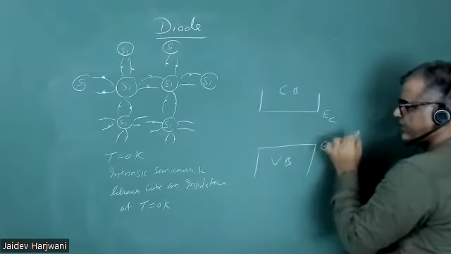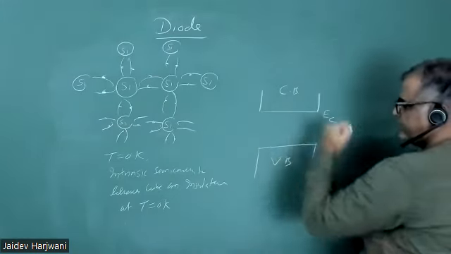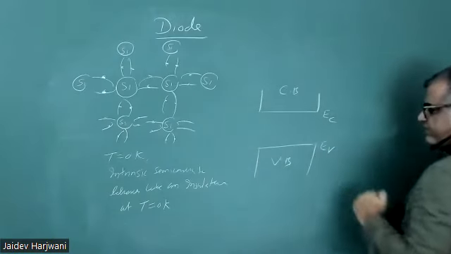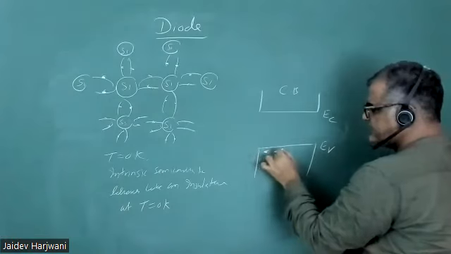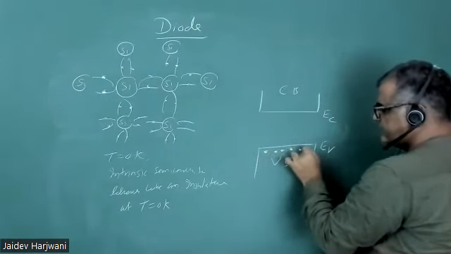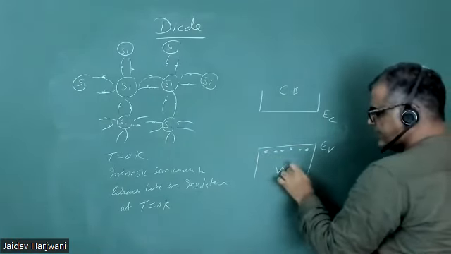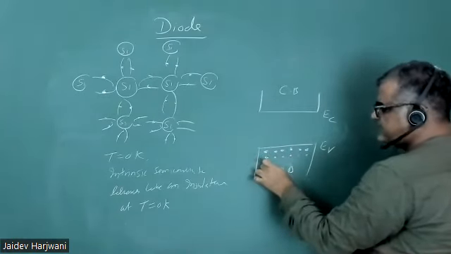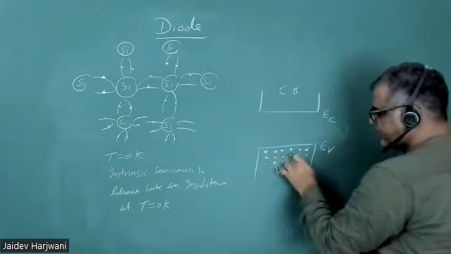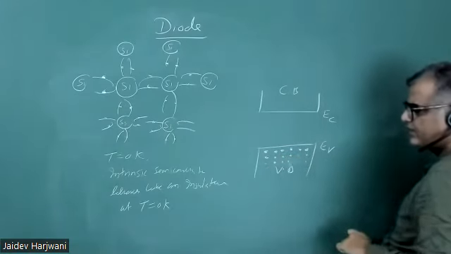This is the bottom of the conduction band EC and the top of the valence band EV. All the electrons are present in the valence band at T equal to 0 Kelvin, and the conduction band is completely empty. So conduction band empty means you don't have electrons for conduction. That means conductivity is also 0, like insulators.